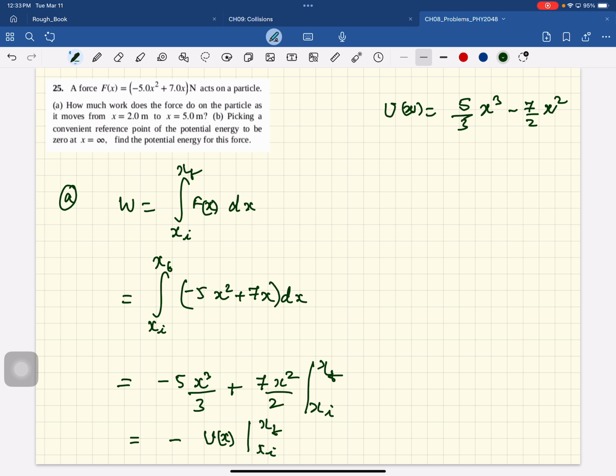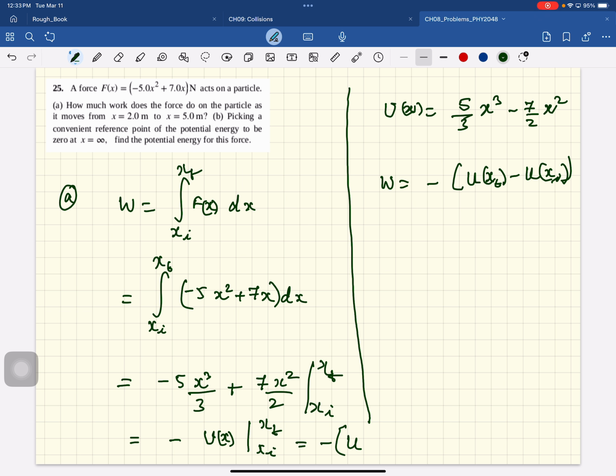Everybody understand that? The reason for writing that is, remember, with conservative forces you can define a potential energy function, and the work done is equal to U(x final) minus U(x initial). Okay? That's the idea. So this would be minus U final minus U initial.